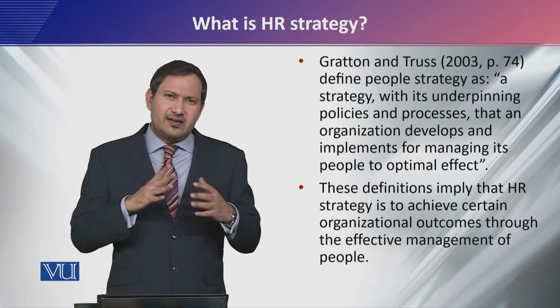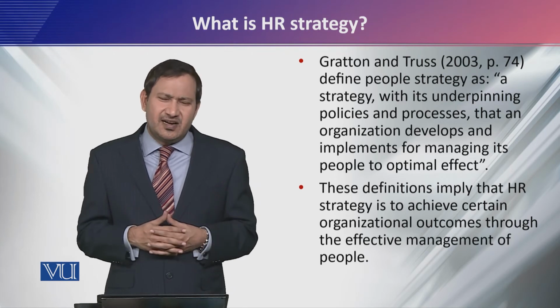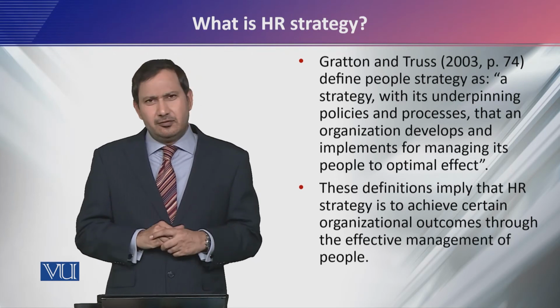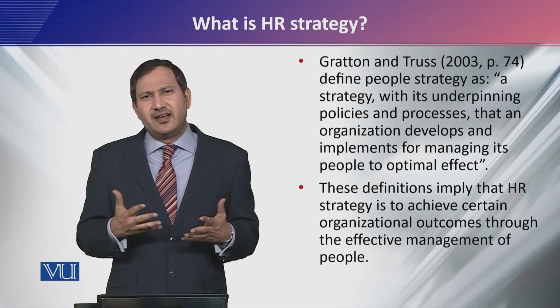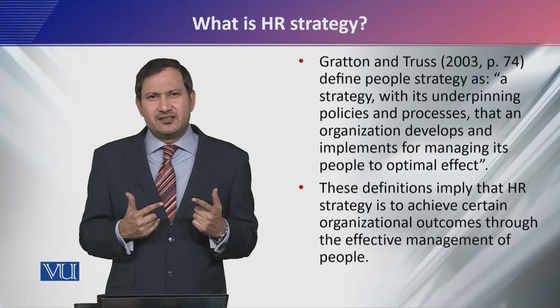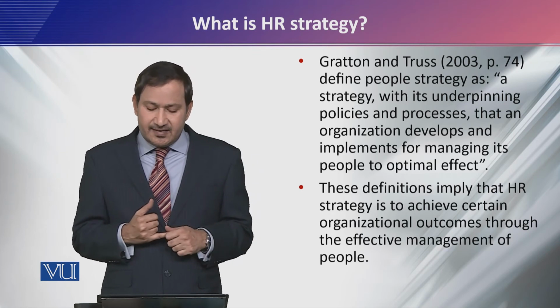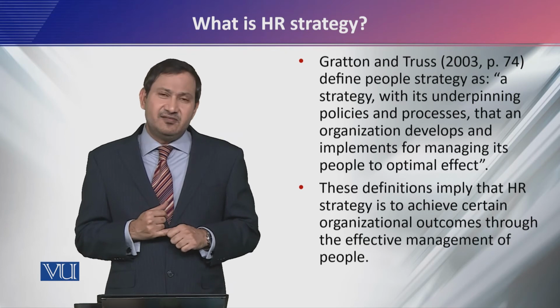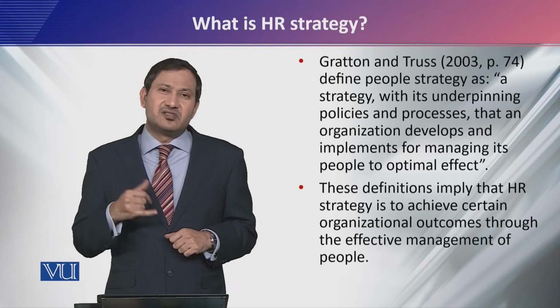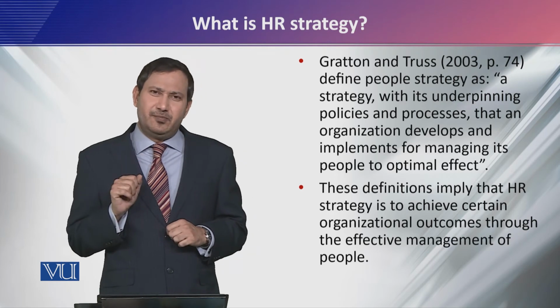So if you look at these two definitions, or many other definitions offered about HR strategy, what can we conclude, or what can we learn? In both definitions, what we can see as common is the message that HR strategy is to achieve certain organizational outcomes through the effective management of people.